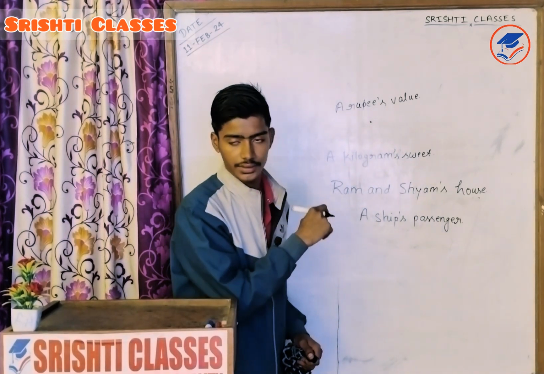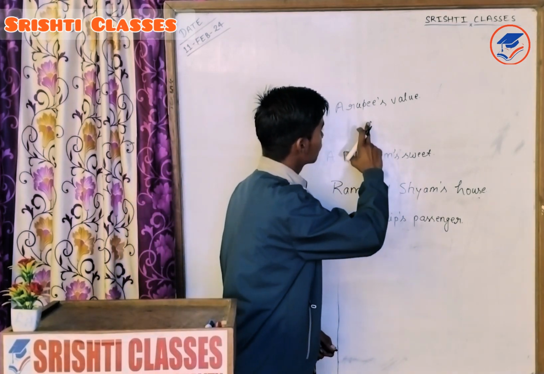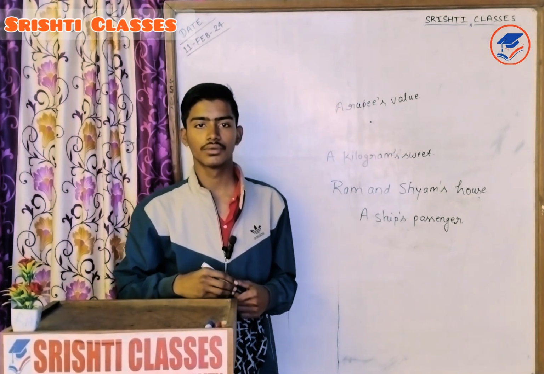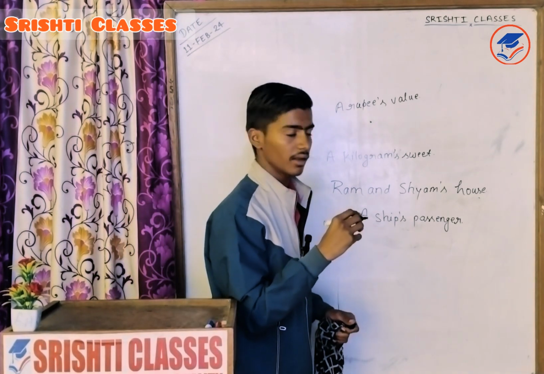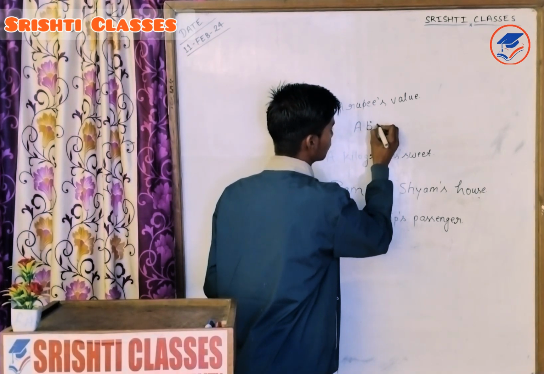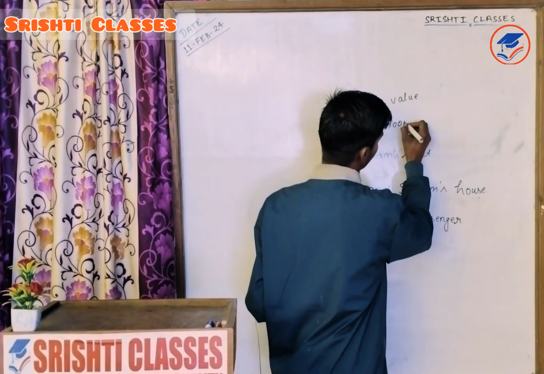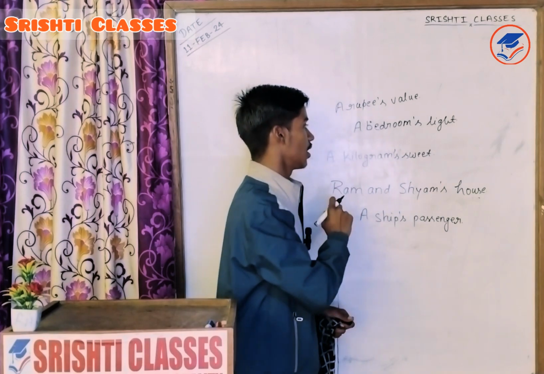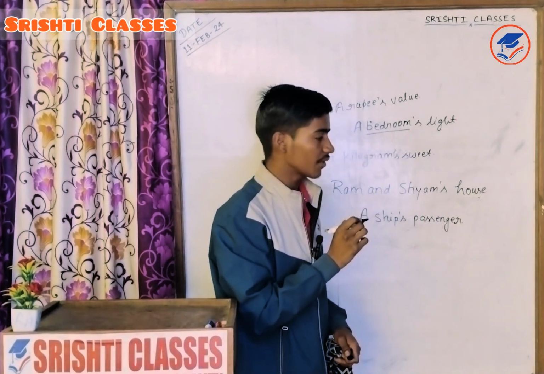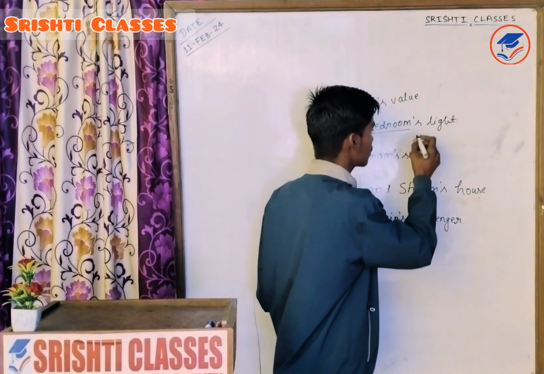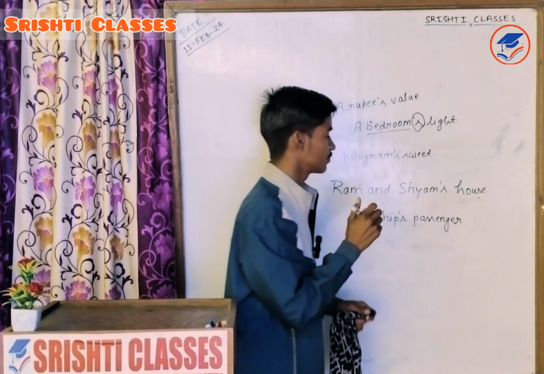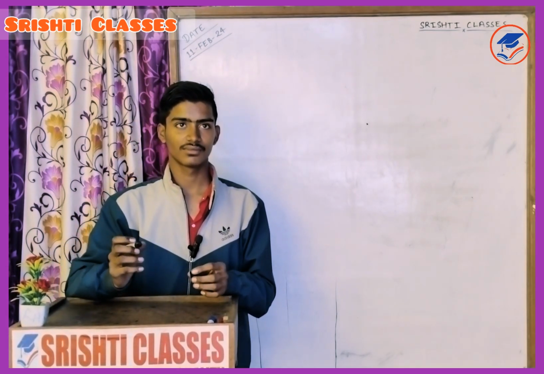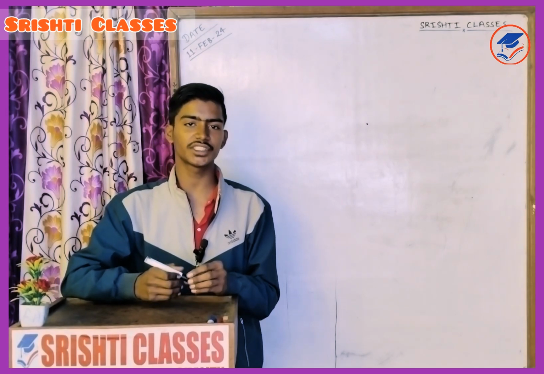We use apostrophe s with a compound noun to show possession. For example, a bedroom's. In this sentence, bedroom is a compound noun and we want to show the possession, then we use apostrophe s to make its possessive form. We use apostrophe s with a noun in apposition.